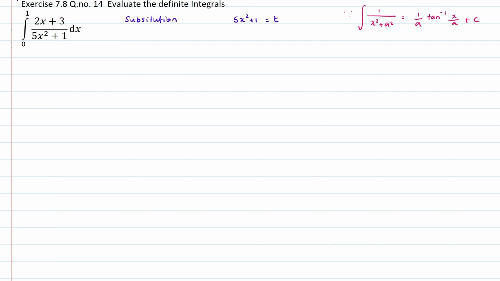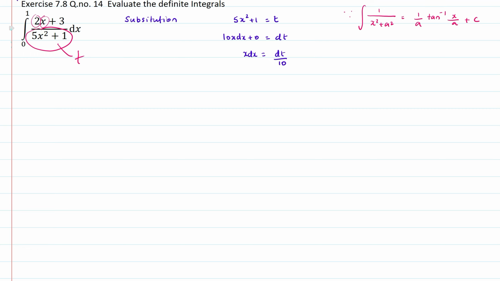So that is why we will take the denominator as t. Once you differentiate it, you will get 10x dx plus 0 is equal to dt, or x dx is equal to dt by 10. For this particular problem, this is substituted as t. Now you have x dx, but you don't have 2.